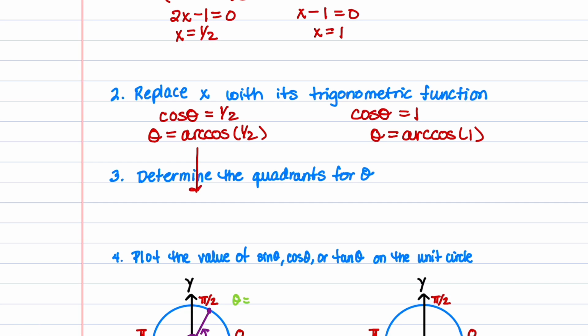For our first value for theta, cosine is positive, so theta is going to be in the first quadrant and the fourth quadrant. For our second equation, cosine theta is 1, so theta is going to be located at a coordinate point.